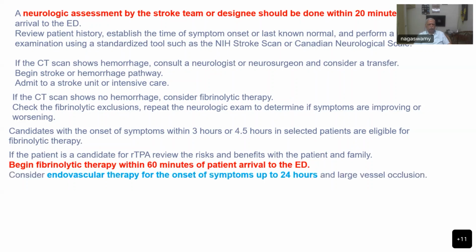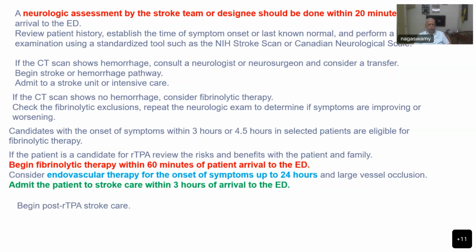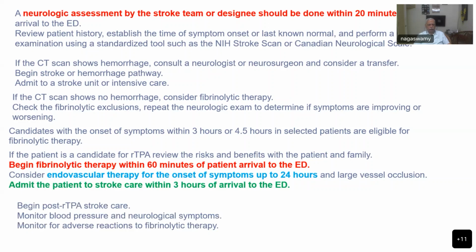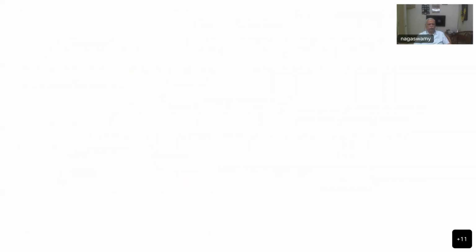Consider endovascular therapy for the onset of symptoms up to 24 hours for large vessel occlusion. Admit the patient to a stroke care unit within 3 hours of arrival to the emergency department, and begin post rtPA stroke care. Monitor blood pressure and neurologic symptoms. Monitor for adverse reactions to fibrinolytic therapy.